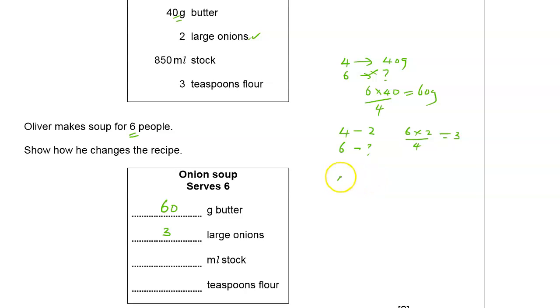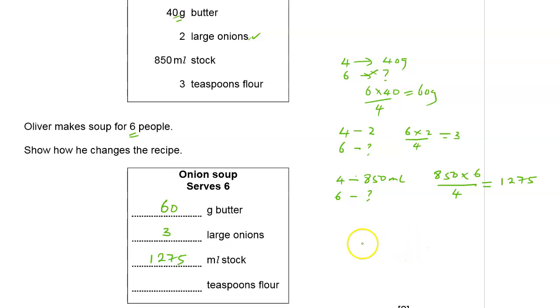For 4 people, he needs 850 milliliters of stock. What about 6 people? Cross multiply: 6 times 850, divided by 4. You'll get 1,275 milliliters.